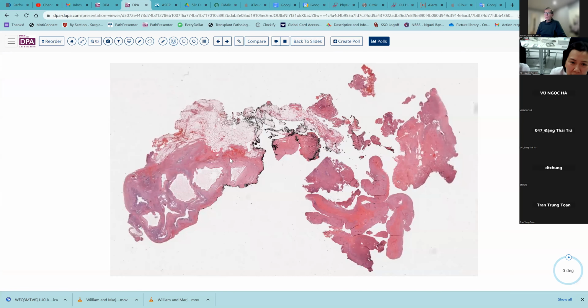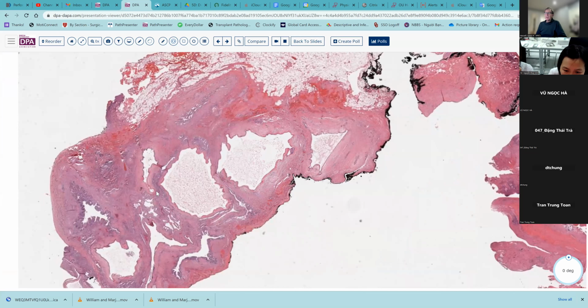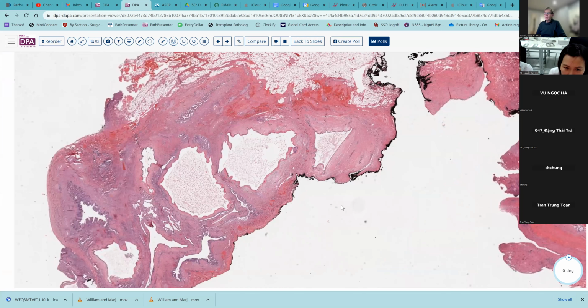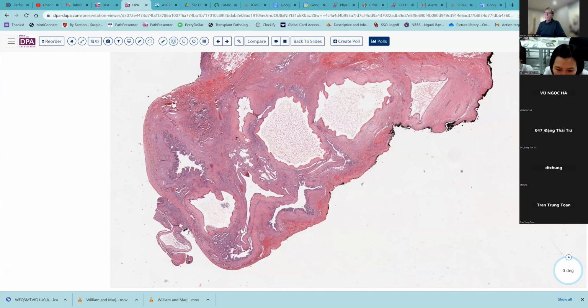So here's another example of this adenomyomatosis with massively dilated spaces. Here they've inked the outer surface because they're concerned about the possibility of neoplasia.